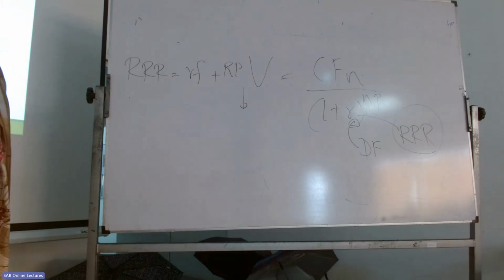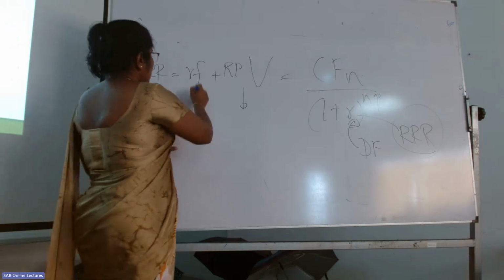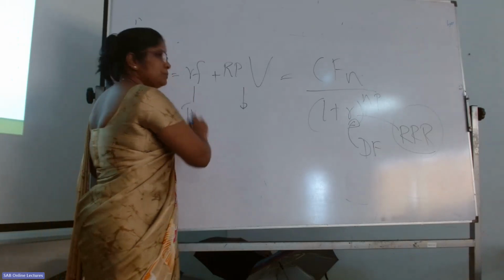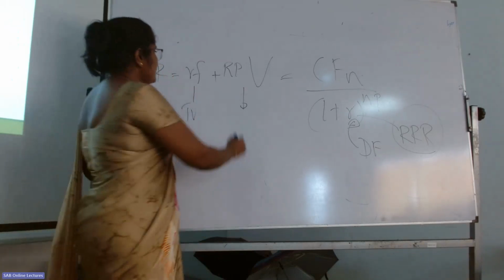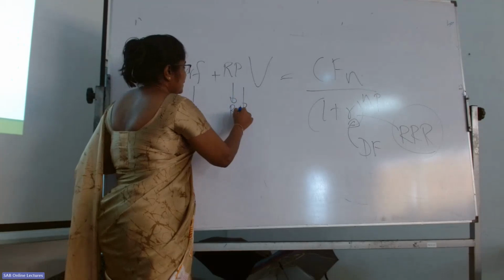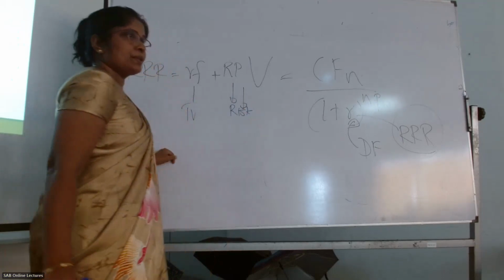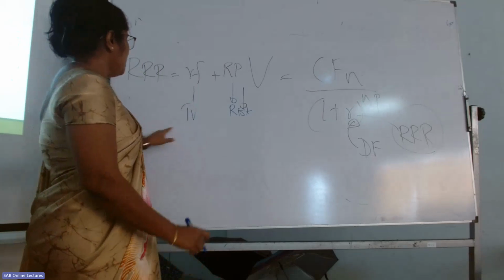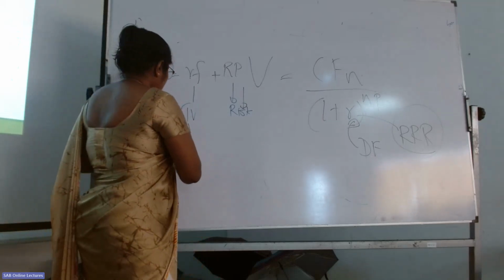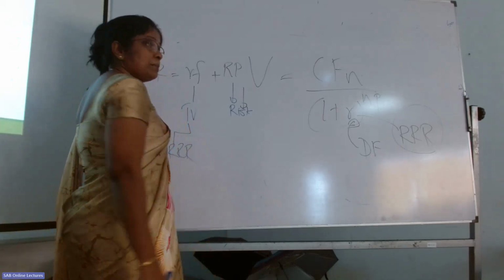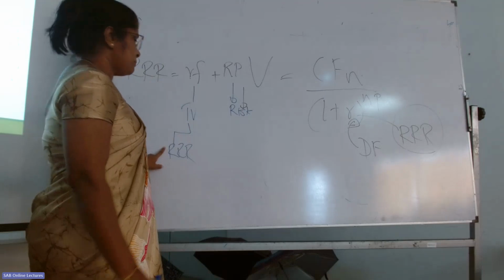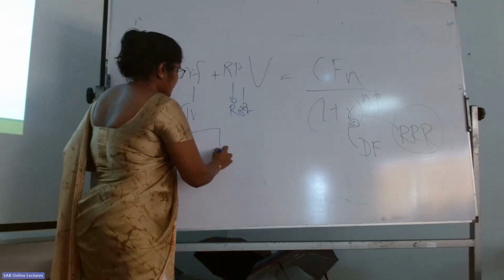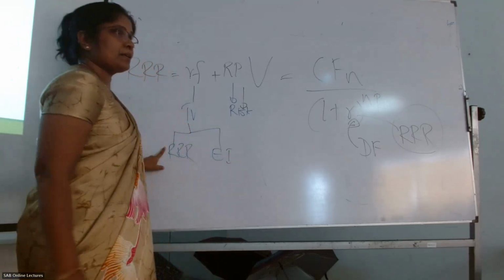The risk-free rate of return is for your time value, and the risk premium is for bearing the risk. This risk-free rate of return includes two components: the real rate of return, that is the rate of return without inflation, and expected inflation.